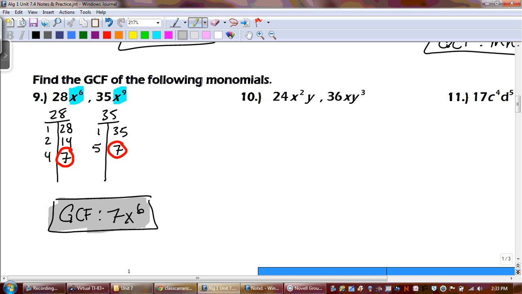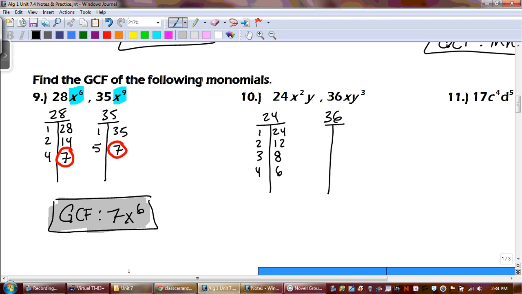Okay, let's try the next one. So we have to start with 24, listing all the factors, and then 36, all the factors. 1 and 24, 2 and 12, 3 and 8, 4 and 6.